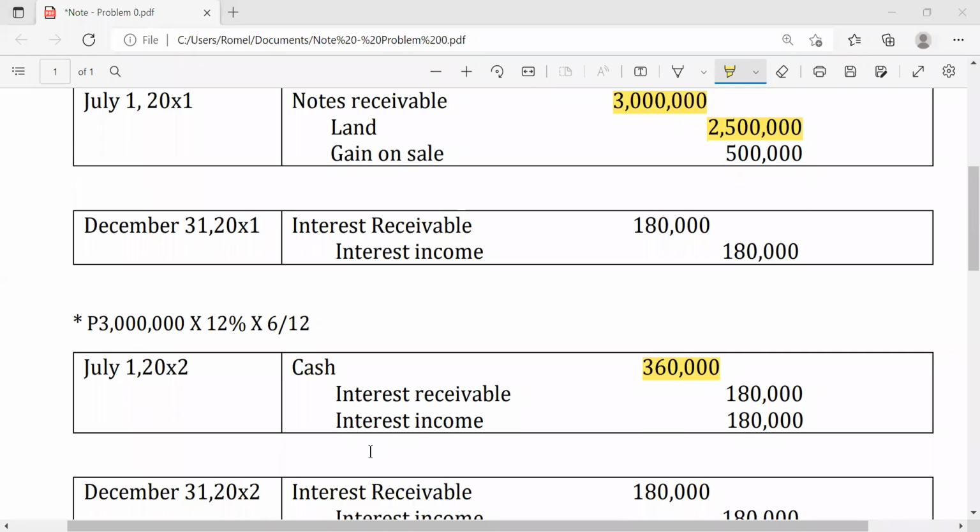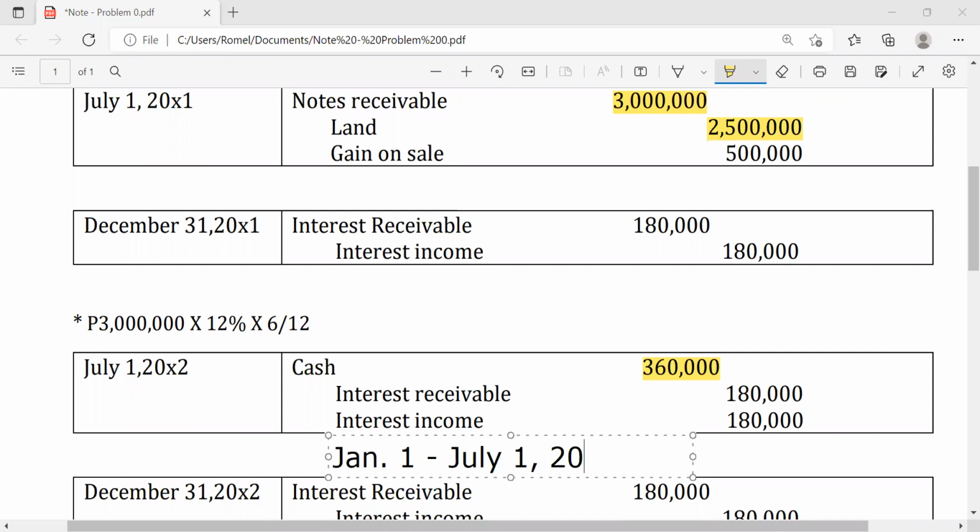And finally, bakit nag-credit tayo ng interest income worth 180,000 pesos? This is because we need to recognize the income from January 1 to July 1, 20x2. Kailangan natin i-recognize yung income from January 1 to July 1, 20x2, kasi 6 months.